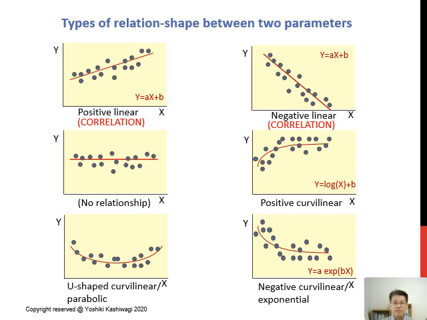Although we have many types of curves or relationships, we simply focus on the linear, straight line relationship, which is correlation, because it is way simpler to calculate the formula y equals ax plus b.